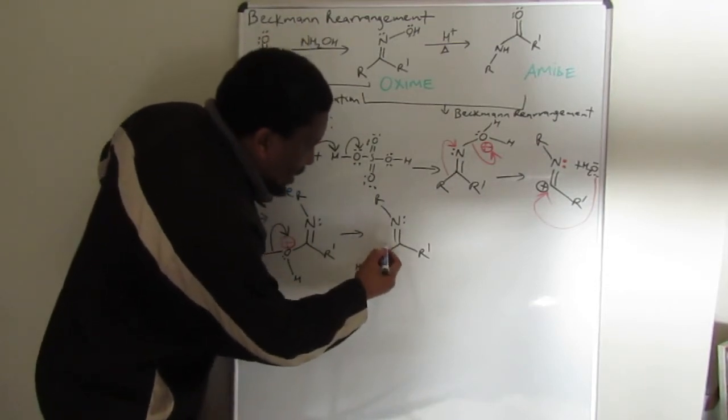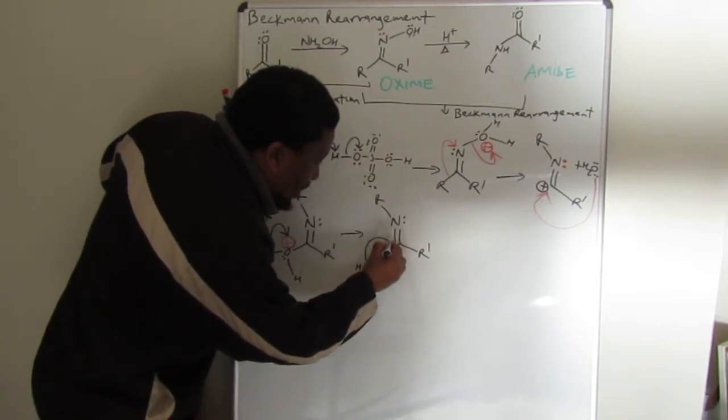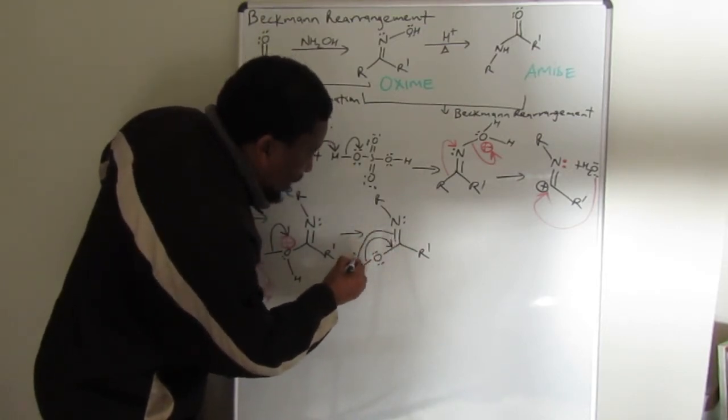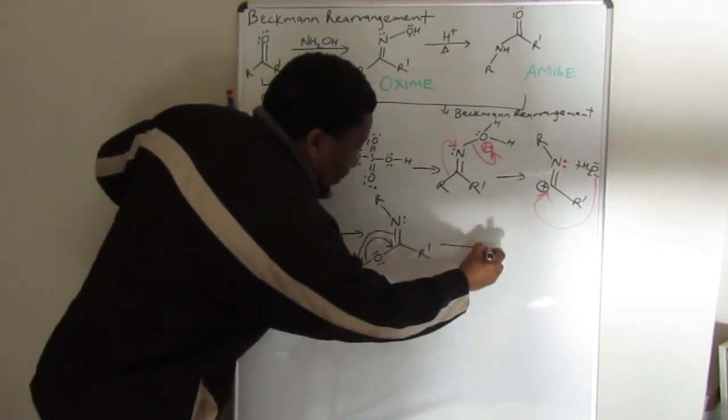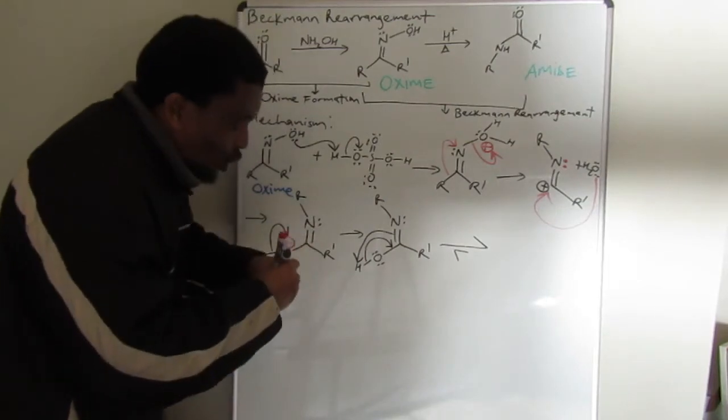So what will happen here is that this H will come over here to give us a double bond here. As this one breaks, it will come and pick up this H. Then we have some form of tautomerism, or equilibrium.